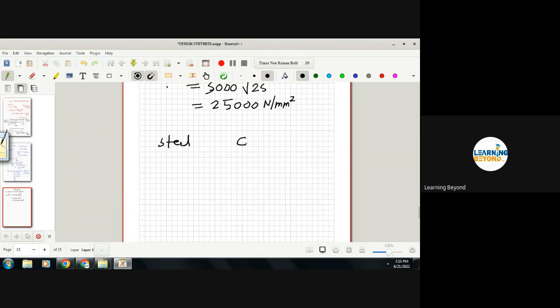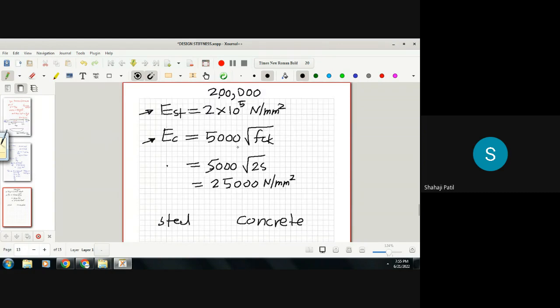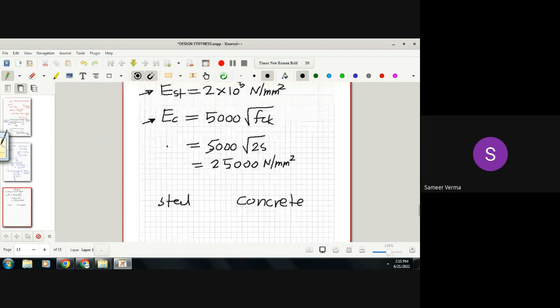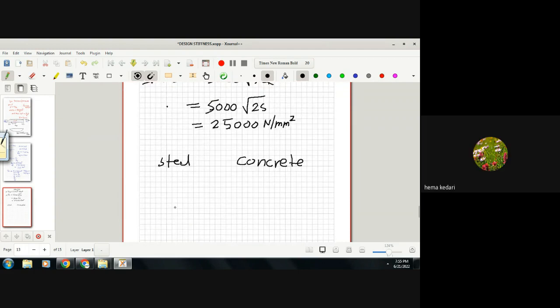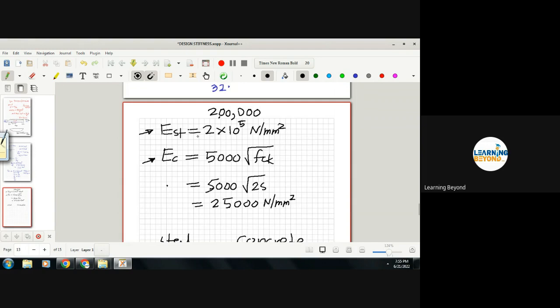Now, which beam will deflect more for the same load? The concrete will deflect more, because the modulus of elasticity is very high for steel.